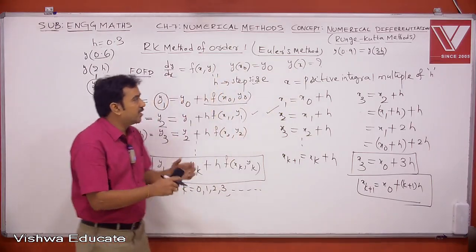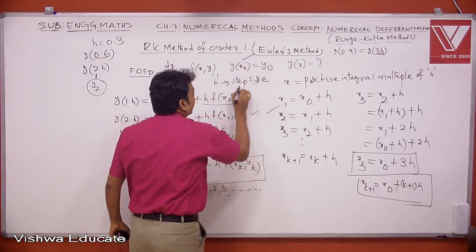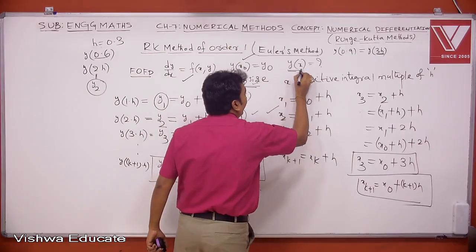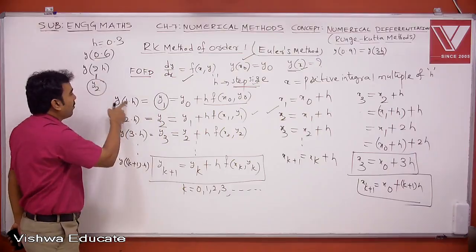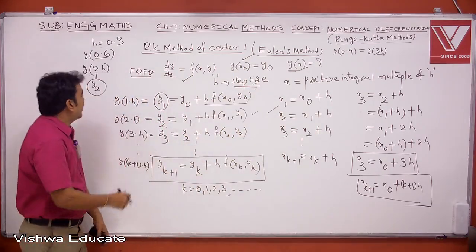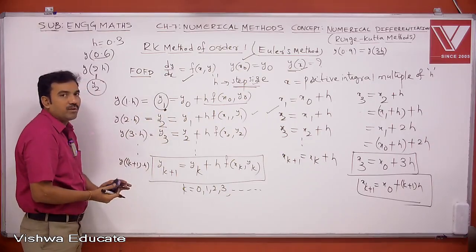They may ask you to find the value of y at x, but this x must be a positive integral multiple of h. If it is y of 1h, you need to find the y value, y1, that is the value in the first iteration.